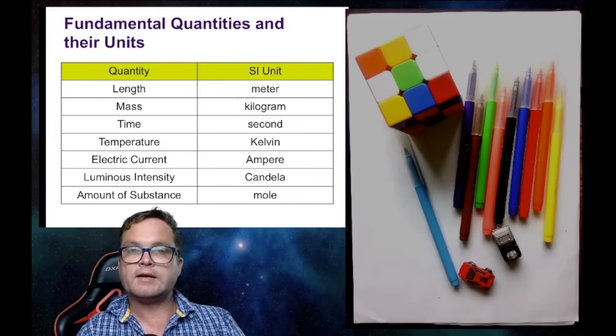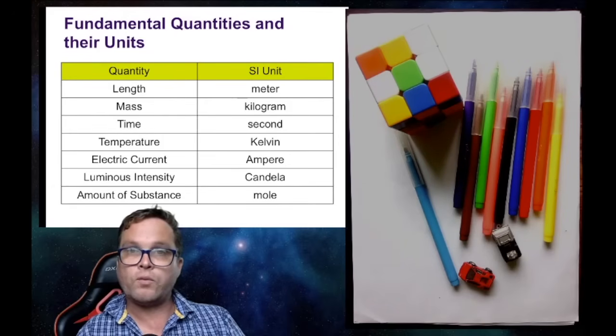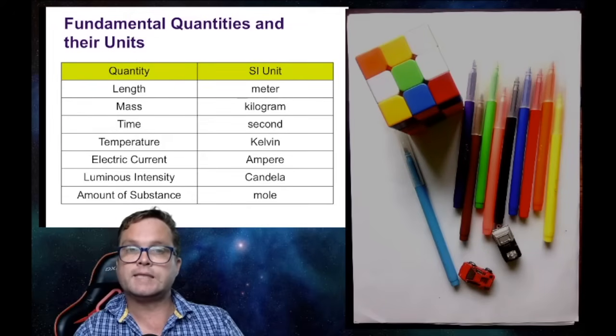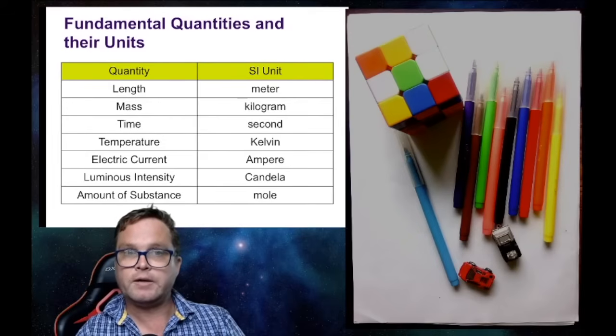So if we're speaking about length, then the SI unit is meter. So whenever we solve problems or report scientific quantities to do with length, we're going to report them in meters. We're not going to report them in kilometers or inches or feet or any other type of units. Similarly for mass, when we solve problems, when we report quantities, we're going to make use of the kilogram.